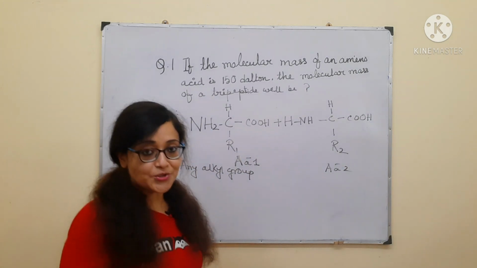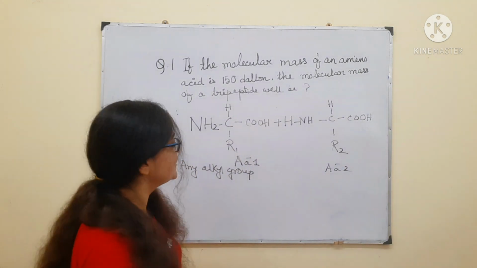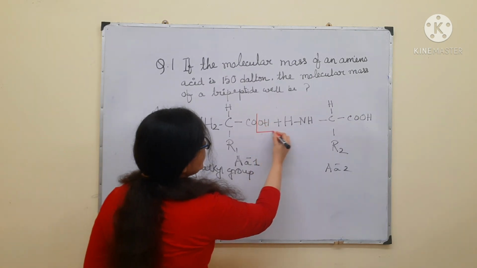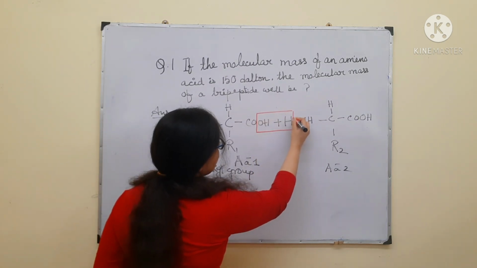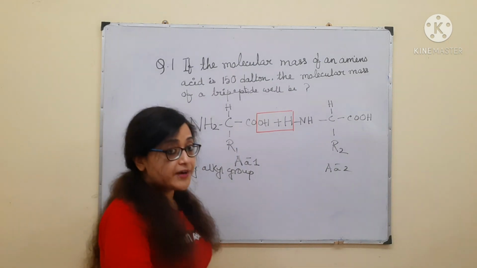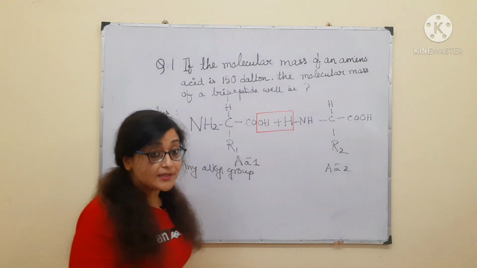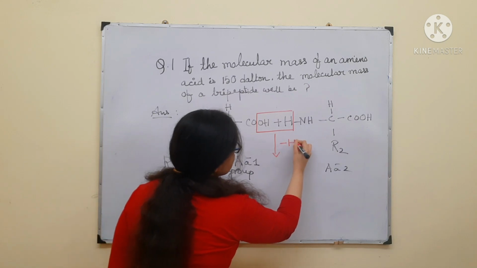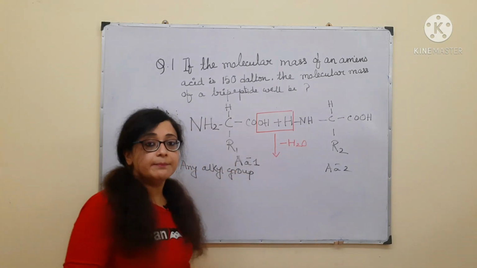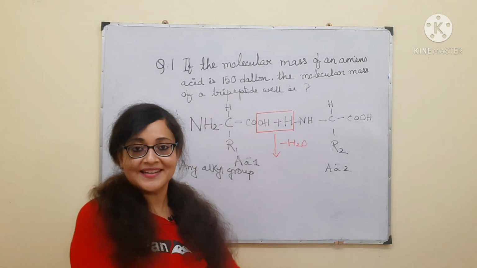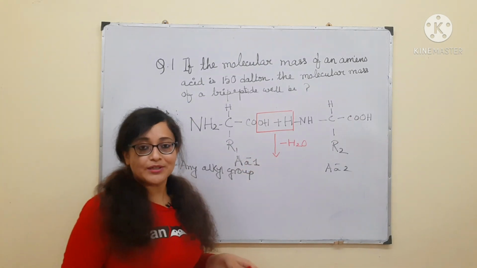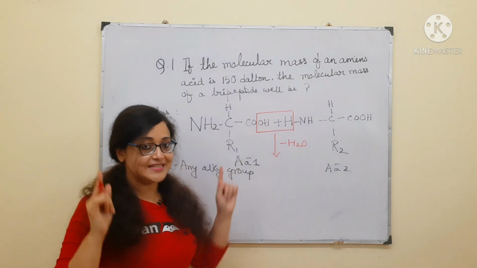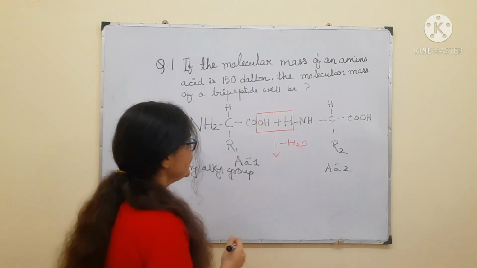Now let me just show you how peptide bond is formed. See, this OH and this hydrogen will give rise to a water molecule. So, one molecule of water will be released, fine, and after the release of this water molecule, the bond that is going to be formed is known as a peptide bond.